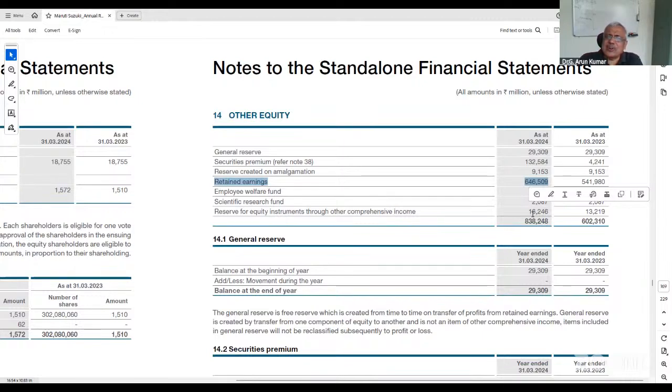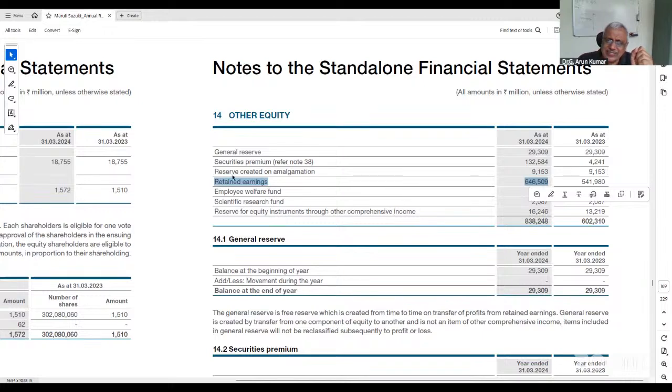Then the general reserve, the employee welfare fund, the scientific research fund. All these are funds that I am creating out of the profits of the company. The profit belongs to the shareholder. From the profit, I am culling out some things and creating a reserve. It belongs to the shareholders.